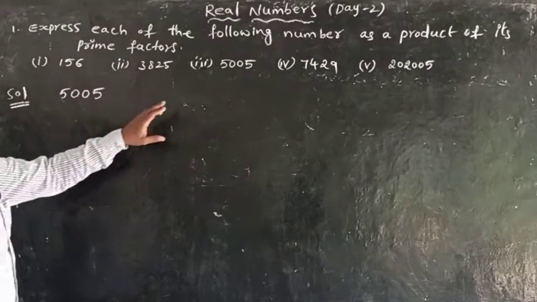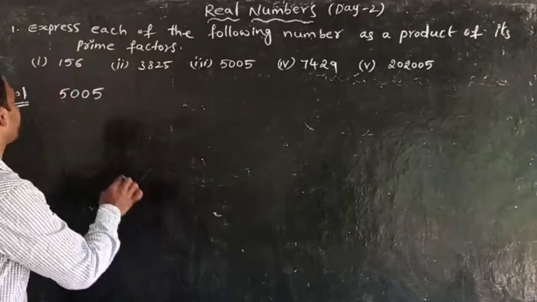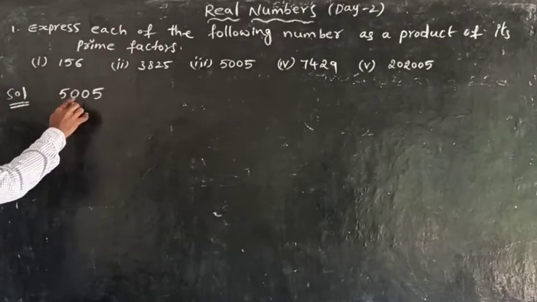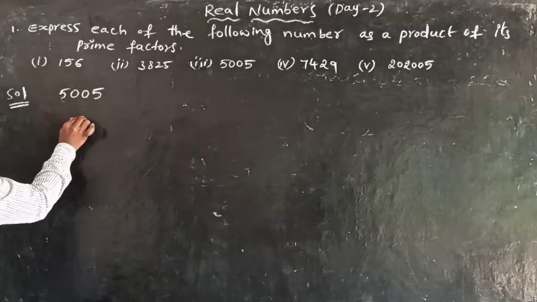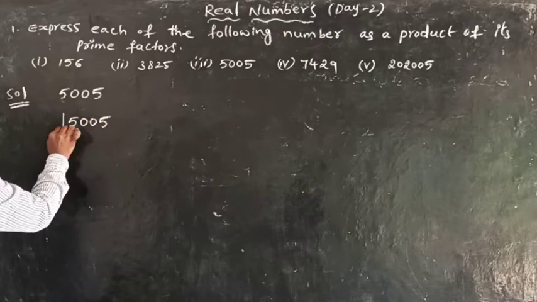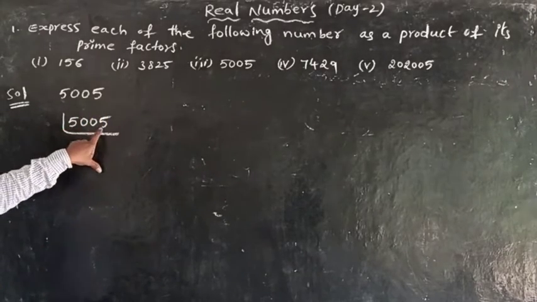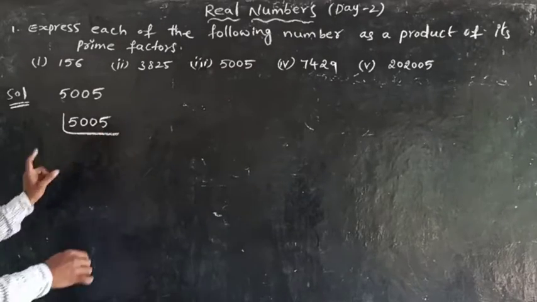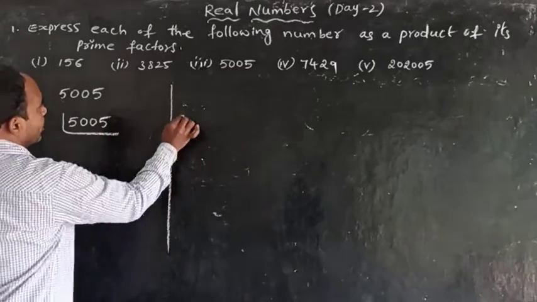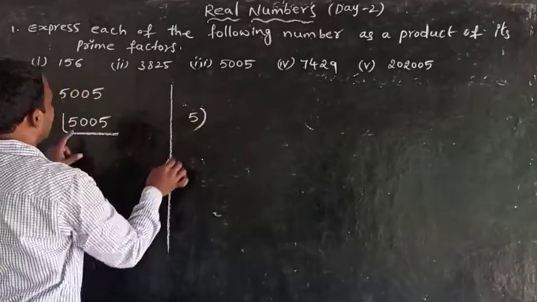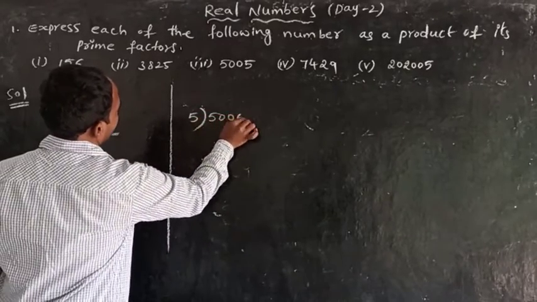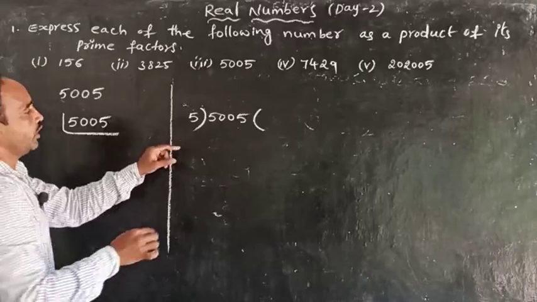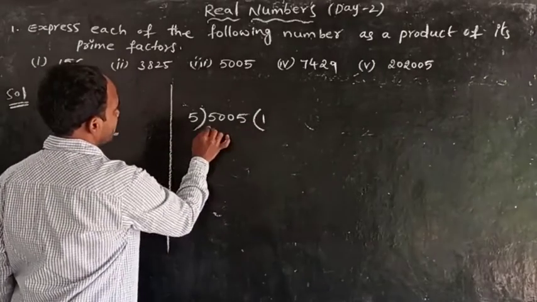Some students are confused here, so all of you listen. The units place has 5, so the number will come only in the 5 table. In the 5 table, when will 5005 come?